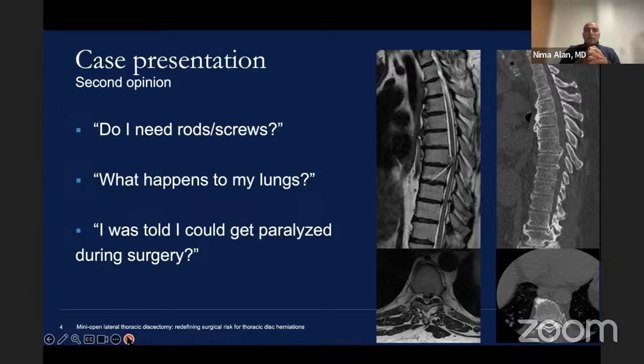And probably most importantly is mitigating the risk of intraoperative neurological decline, which could happen with any approach, but what is the risk of quote unquote becoming paralyzed during surgery? Those are the three main questions that the patient had for me, and through the efforts at UCSF and in my fellowship at Baylor Neurological Institute, we had some papers that could answer these questions to redefine these risks for a lateral thoracic discectomy.